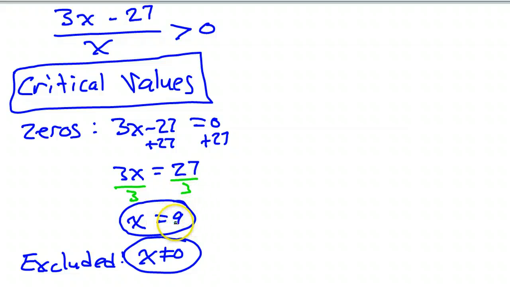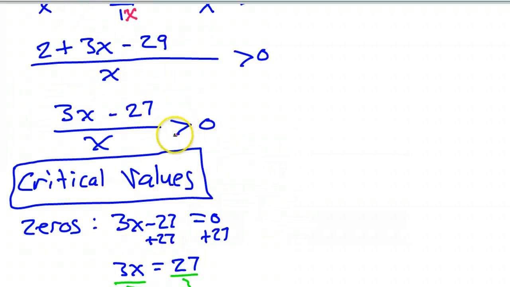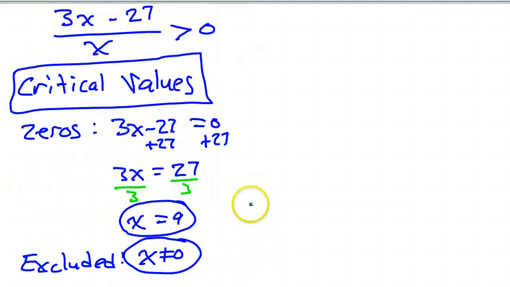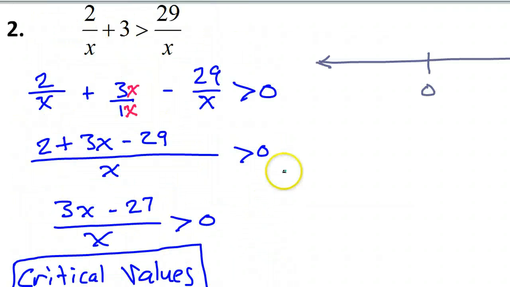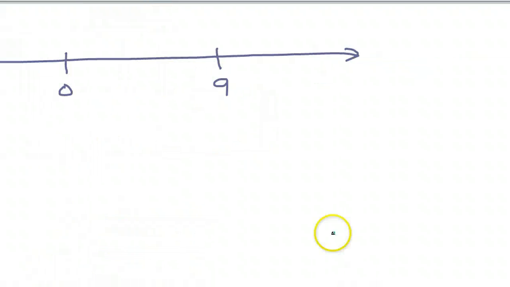Understanding that the value of this expression is 0 at 9, well, I only want values that are greater than 0, not equal to 0 like this gives. So I don't want to include the value at 9. 9 is not a solution, so I will have to leave this as an open circle.